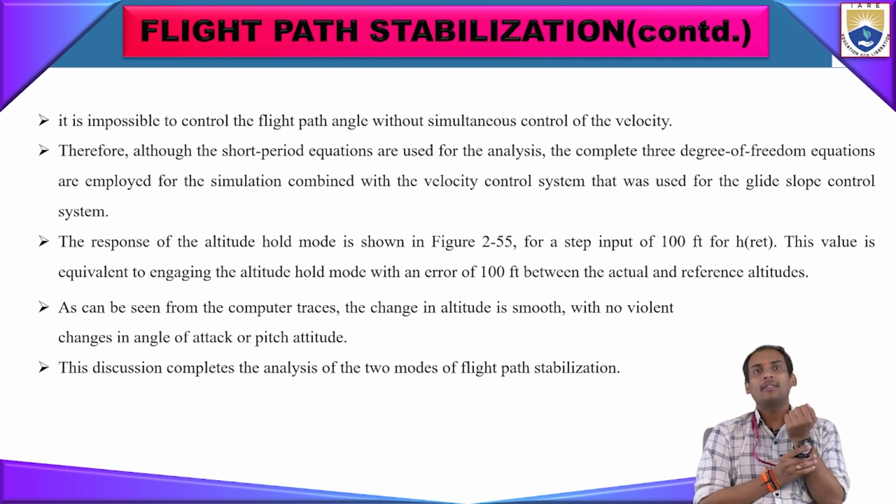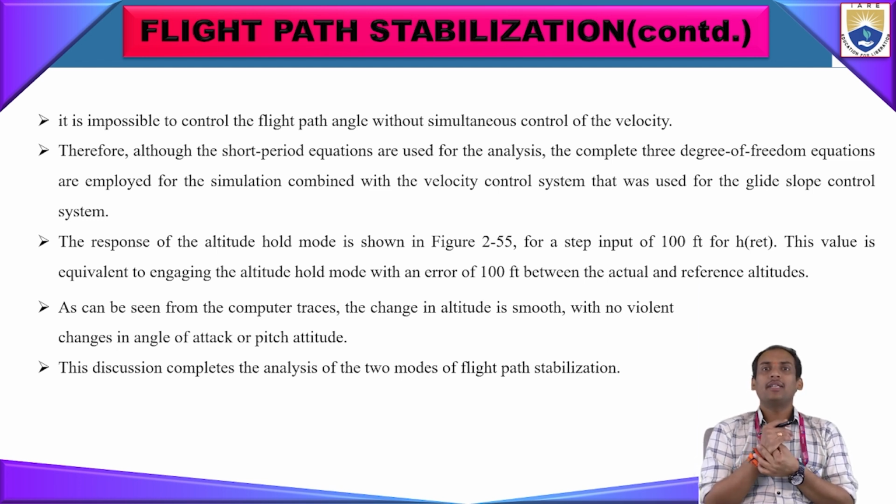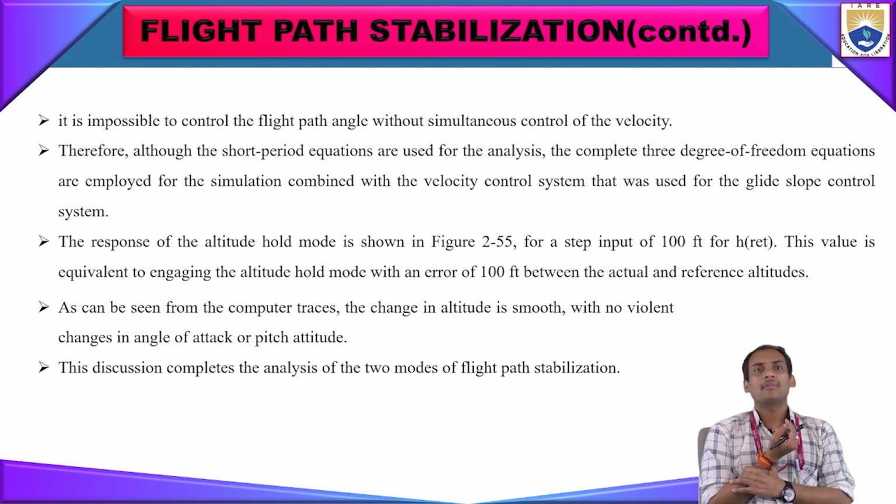As we can see from the computer traces, the plot gives you the simulation results. The change in altitude is smooth, with no violent change in angle of attack or pitch attitude. This discussion gives you the complete analysis of the two modes of flight path stabilization.